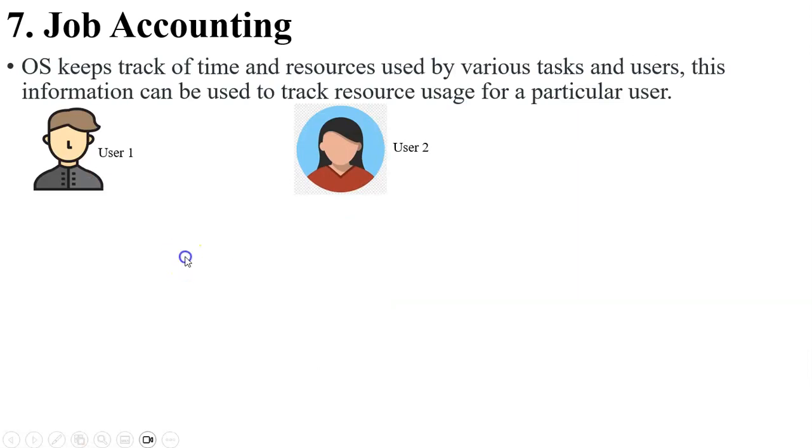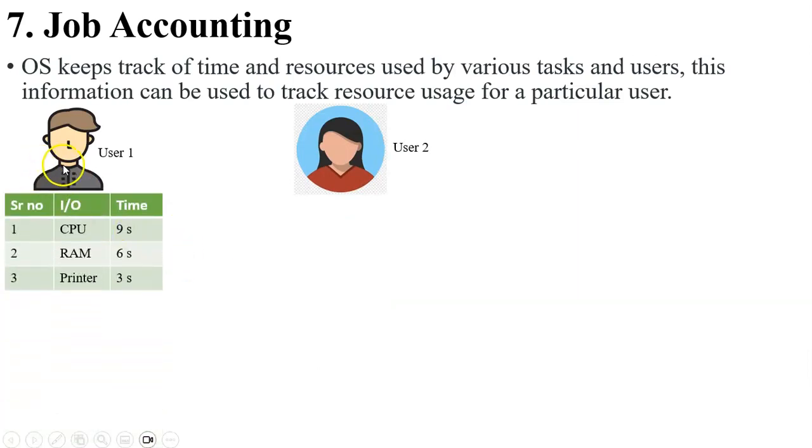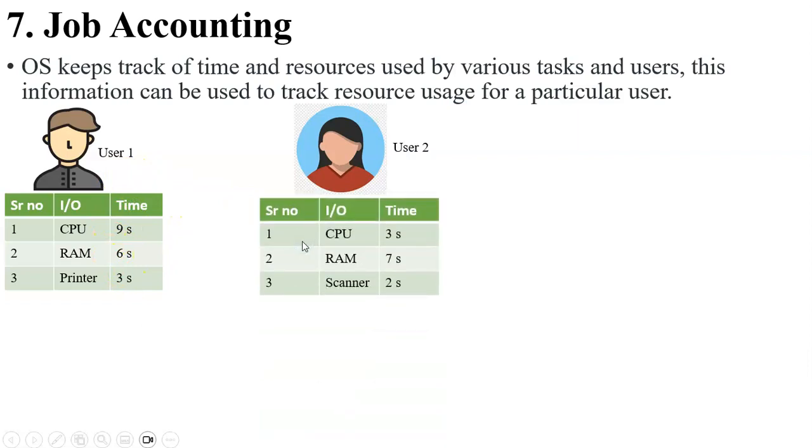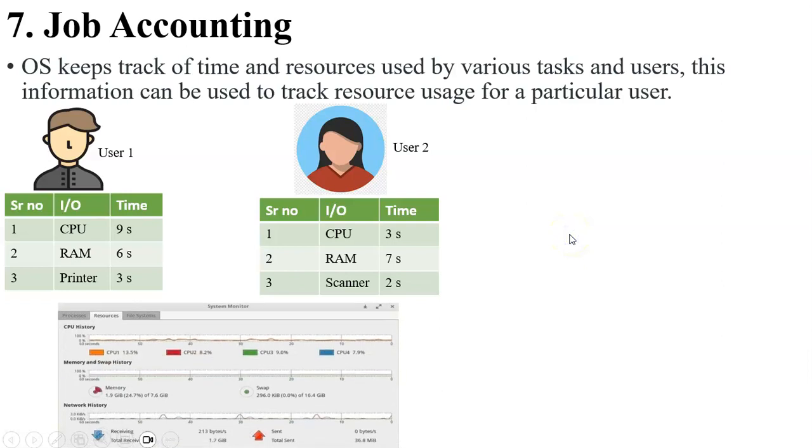So here if this is user 1 and user 2, user 1 requires all these input output devices, and it is acquiring these input output devices for this much time. Similarly, user 2 requires these particular input output devices, CPU, RAM and scanner, and the time it is acquiring is 3, 7 and 2 respectively. So all this tracking and accounting of the input output devices is maintained by the operating system, and that is one of the major functions of the operating system.